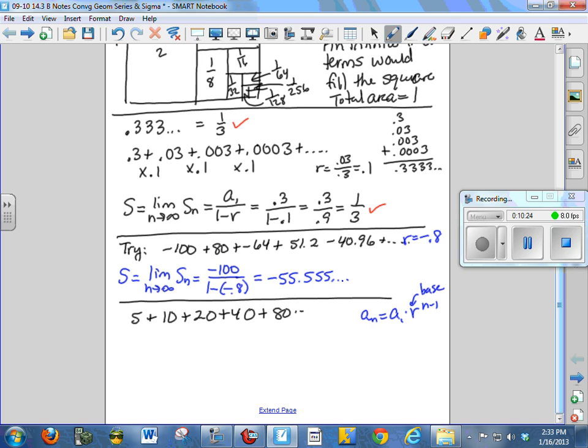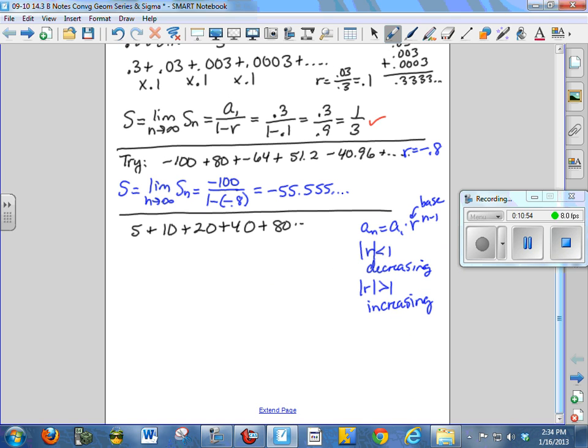If the absolute value of r is less than 1, we have a decreasing sequence. I should say the absolute value of r, because if r is a negative number like -2, then this is not going to be the case. If r is greater than 1, we have an increasing exponential sequence. And if it's increasing and we add an infinite number of terms, it just gets infinitely big.